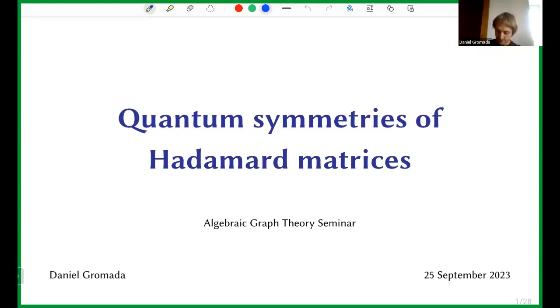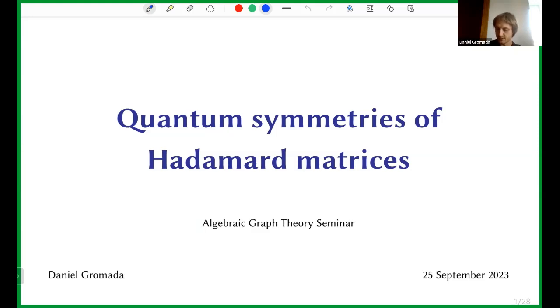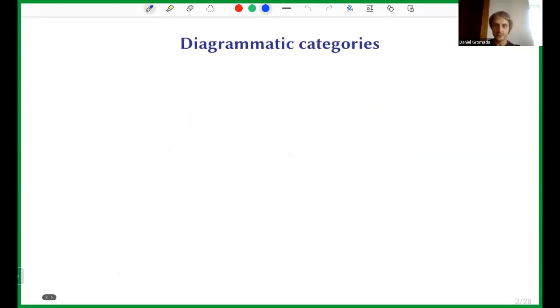Right, and the main tool for this is so-called diagrammatic categories. So first, how this works.